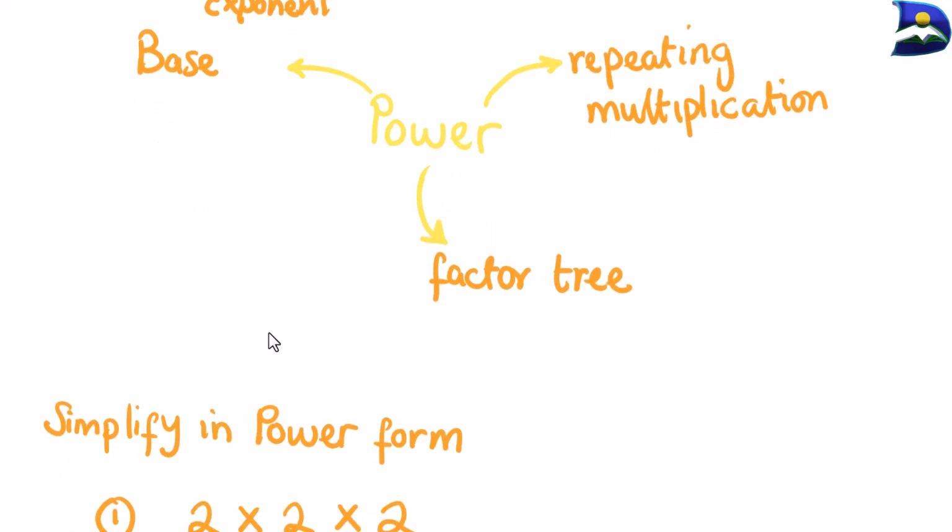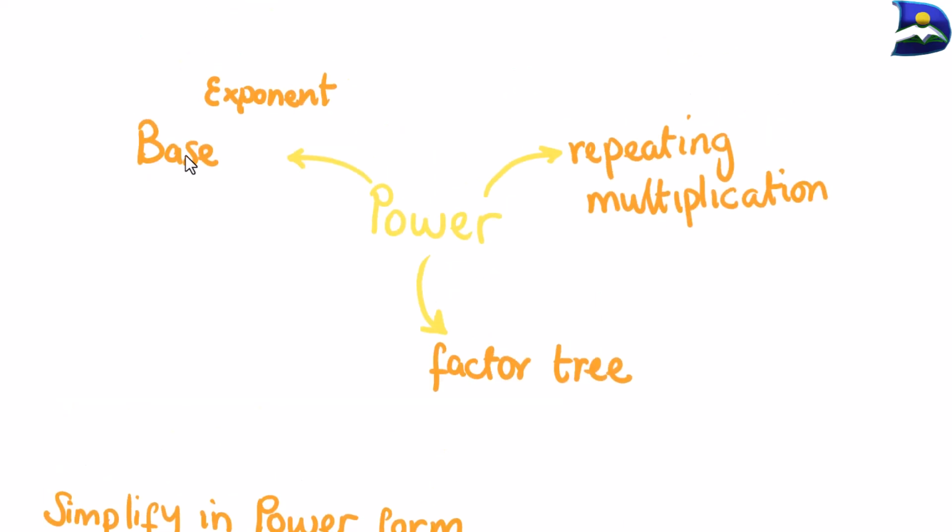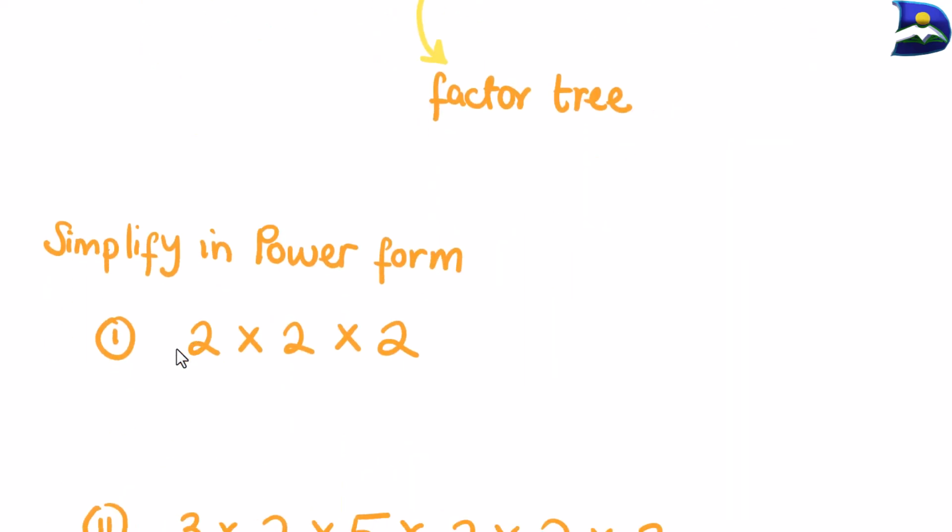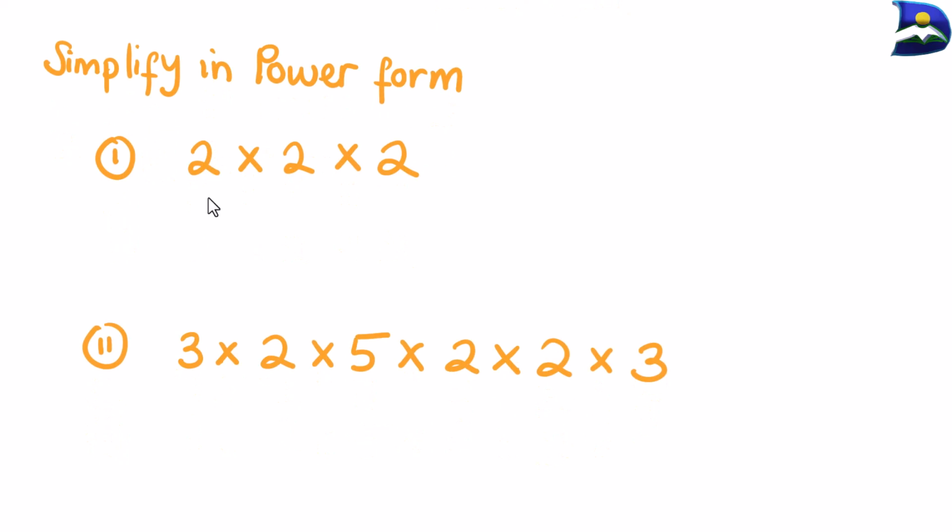Once you're able to recognize what the function of a base is and what the function of an exponent is, looking at these questions, then you should be able to know how to set it up in that manner. And so once you've hit pause and solved the question, now you can hit play and let's begin.